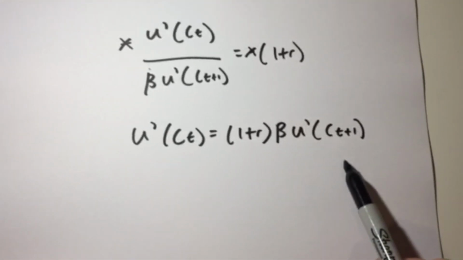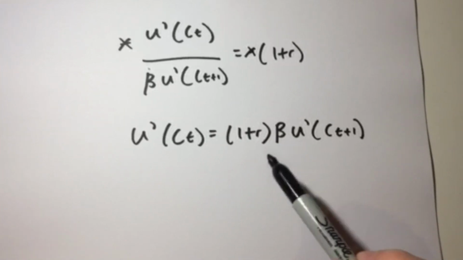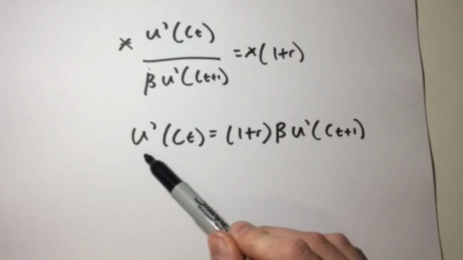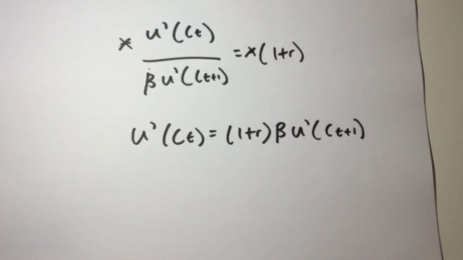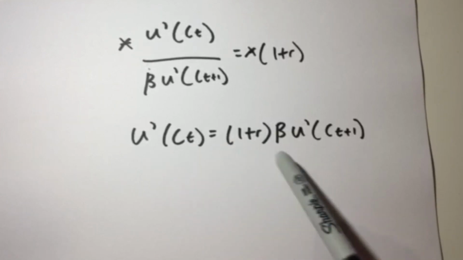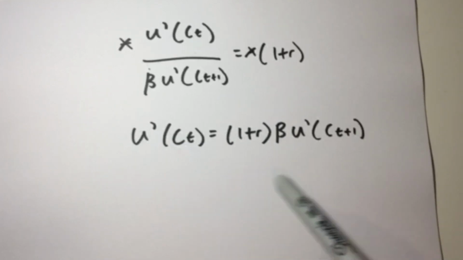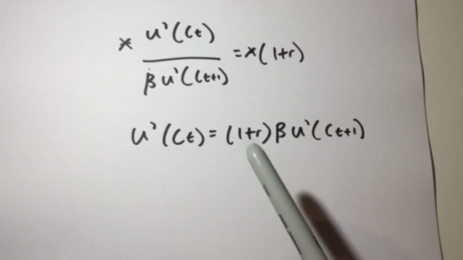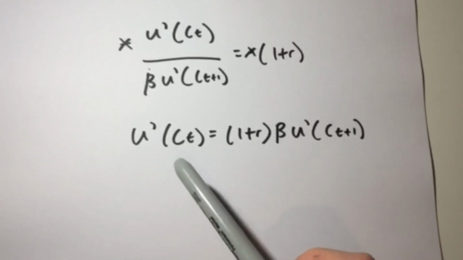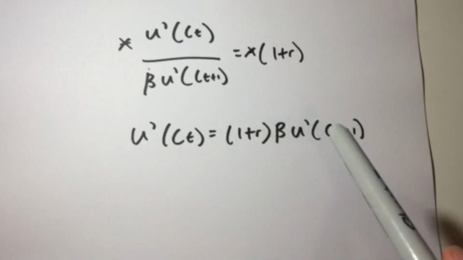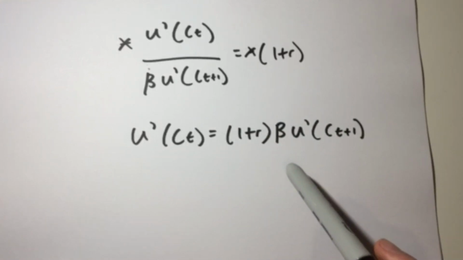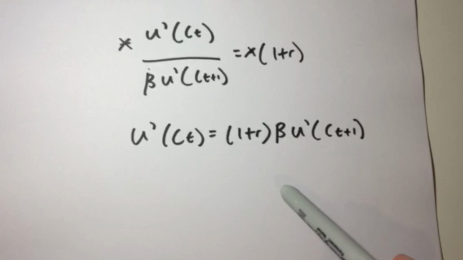This is the necessary condition now for the optimal consumption plan, because along this plan we're maximizing consumption given our constraint. One thing that we can interpret from this equation is that at the optimum solution, at this point here, our consumers are indifferent between consuming 1 unit of the good, which gets them marginal utility of this, and saving in order to get 1 plus r units in the next period, Ct plus 1.